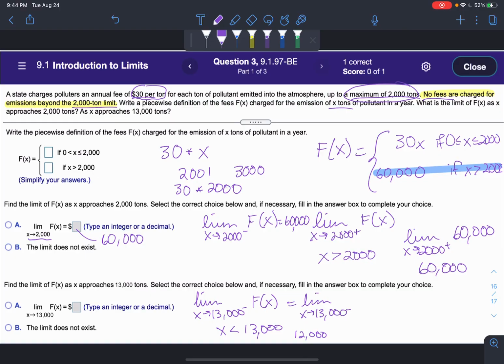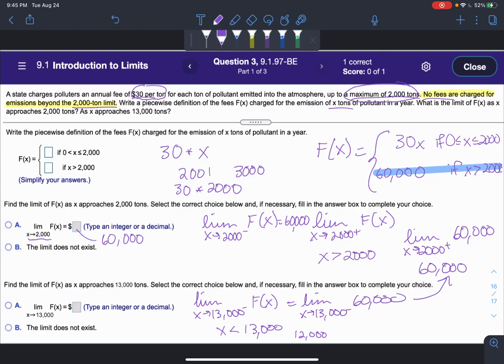of 60,000. And so like we saw in the last problem, it's going to be 60,000 because it's a constant function. Okay, so keep that in mind that we got 60,000.